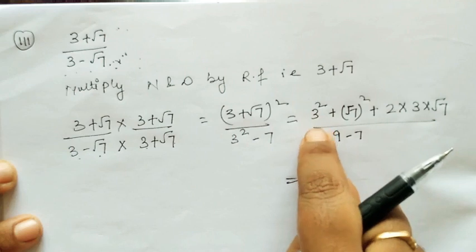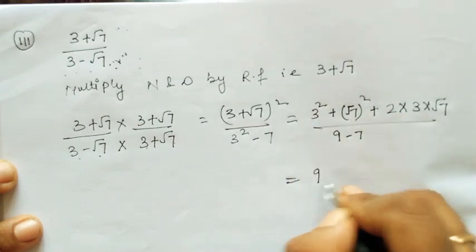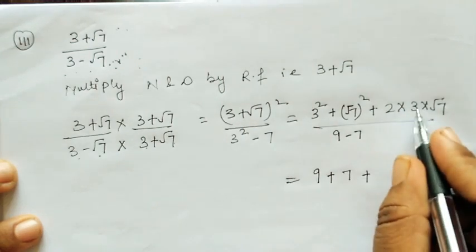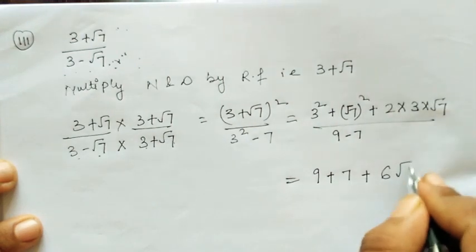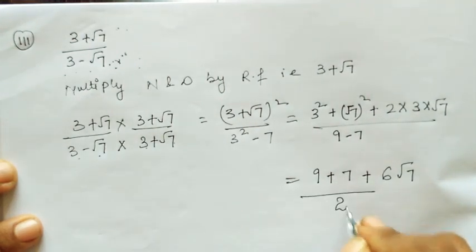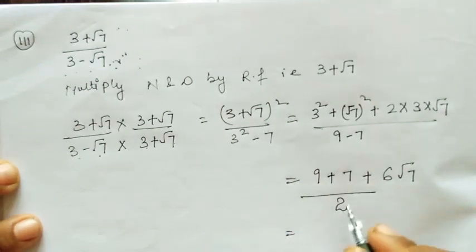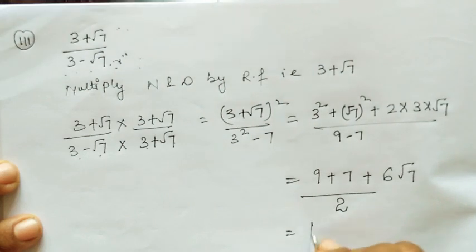So in the next step we are able to get 3 3s are 9, root 7 whole square is 7, plus 2 3s are 6 root 7, upon 2. 9 plus 7 is 16 plus 6 root 7 upon 2.